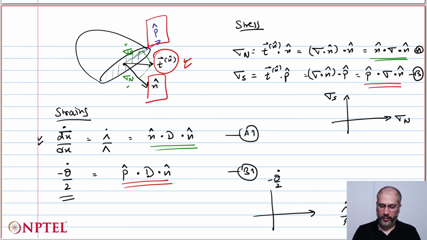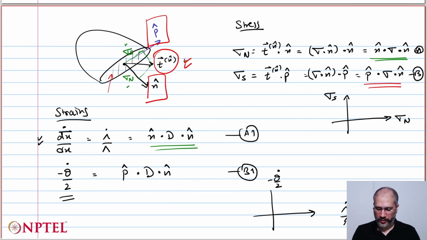However, if we talk about strains, then we have to choose two directions. One is an n hat and the other is a p hat. Of course, they're perpendicular, but the choice is independent. So if I make a choice of n hat, then I have infinite number of choices for p hat, because p hat is a vector perpendicular to n hat. So there's a whole plane, which basically in the stress is this plane, in which I can choose my p hats.